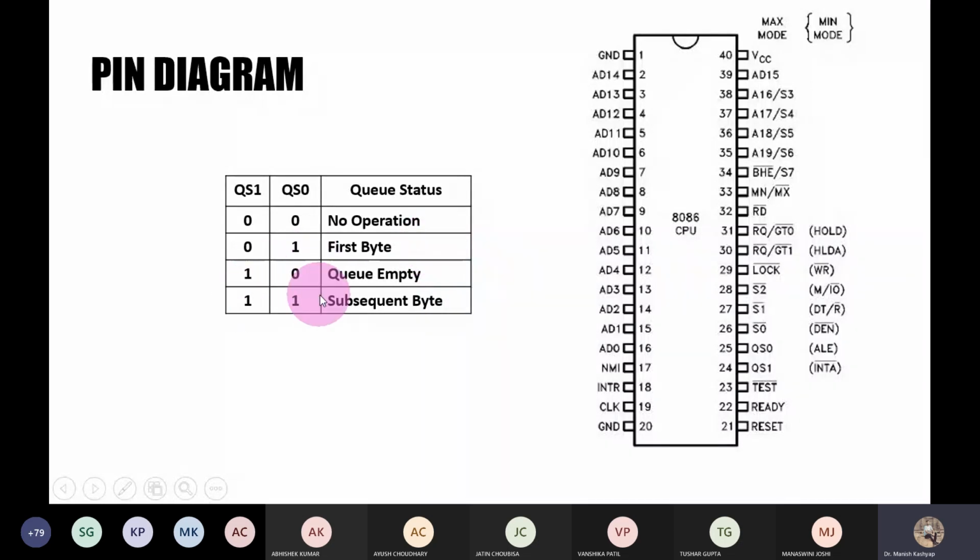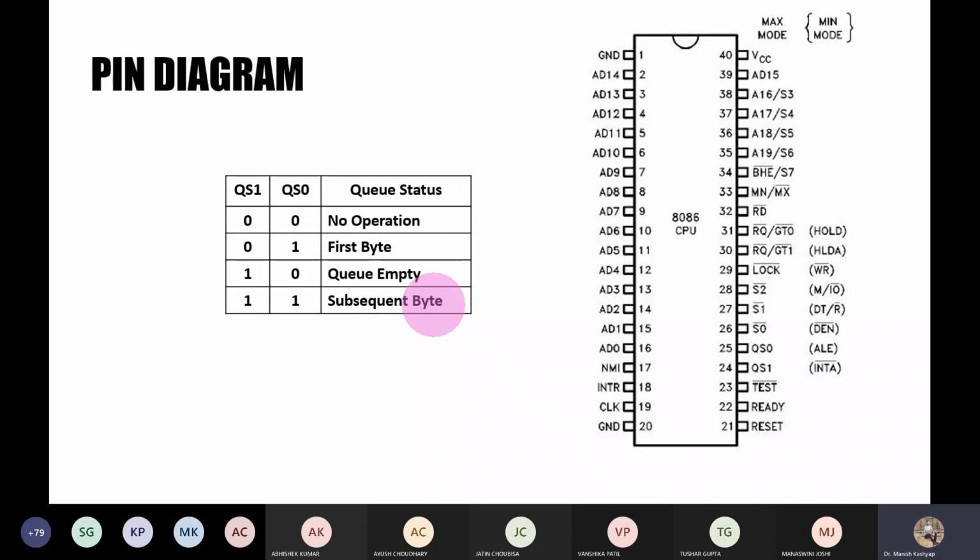If 11 is the status of the queue, then a subsequent byte is getting used. It may be the second, third, or fourth byte, or fifth or sixth even. So first byte and subsequent byte. These are two different phenomena that we need to have.